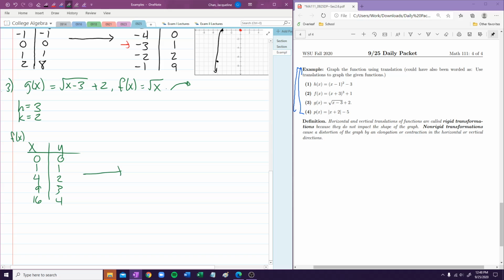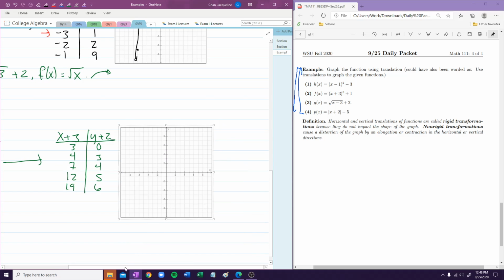So now what we're going to do is we're going to shift it. And one nice thing about shifting this is that we don't need to find the leftmost point because it'll be found right here. Okay, so again, we have x plus 3, and then we have y plus 2. Right, so this is going to be 3, 4, 7, 12, 19. And then y plus 2, this can be 0, 3, 4, 5, and 6.